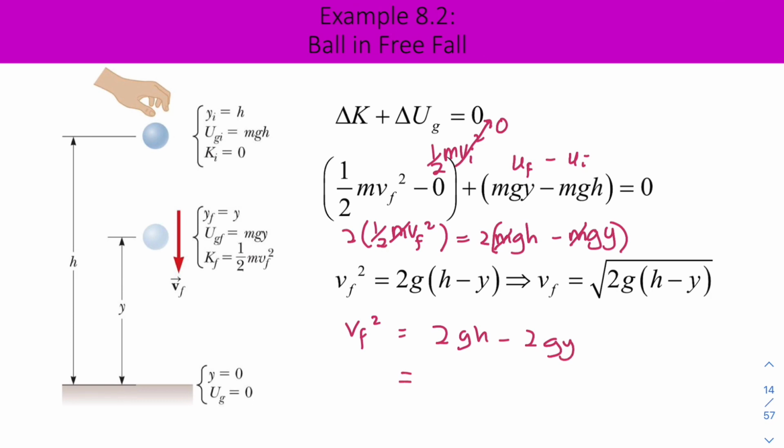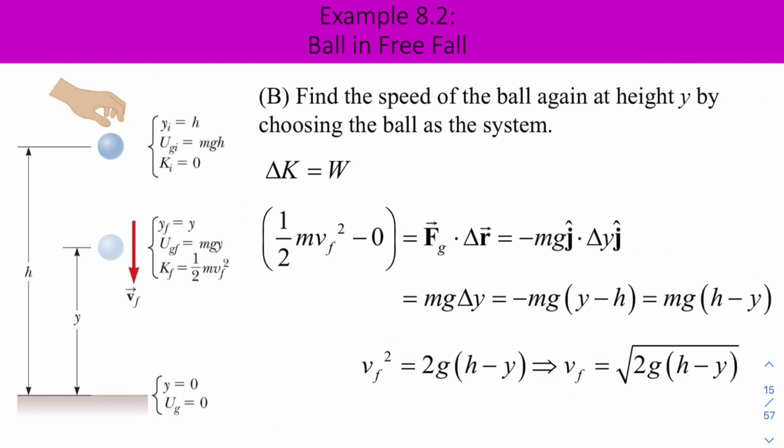Might as well simplify the version: 2g times h minus y. This is how we have the formula. And if we're talking about V final only, then take the square root of everything here.